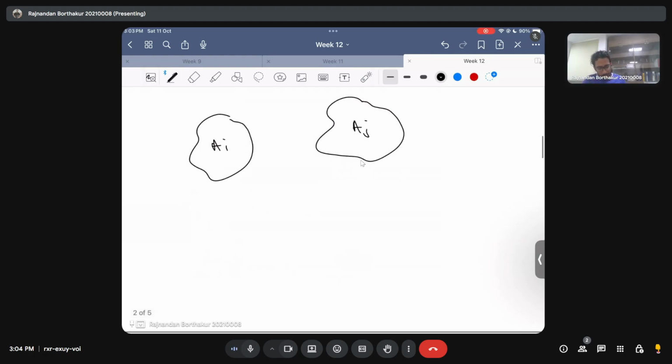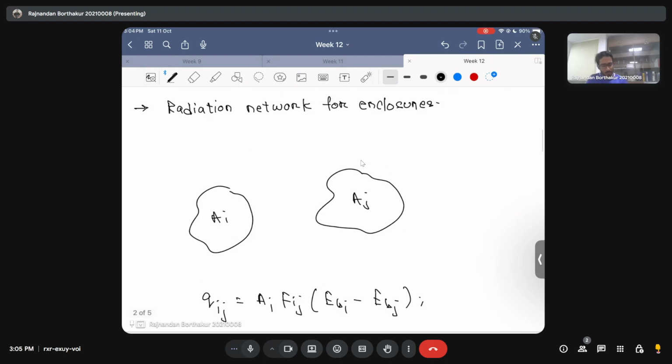And we said that the net radiation exchange between these two bodies, which were represented by QIJ, was basically equal to AI FIJ times EBI minus EBJ, where we have used the fact that the reciprocity relation of the view factors comes into place, and of course, these AI and AJ are black bodies typically.